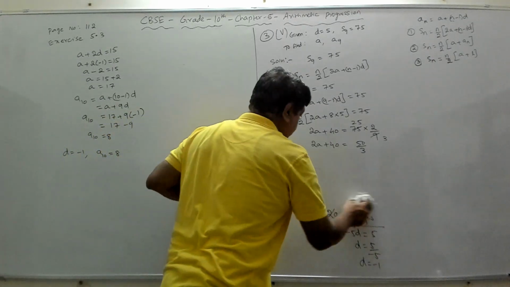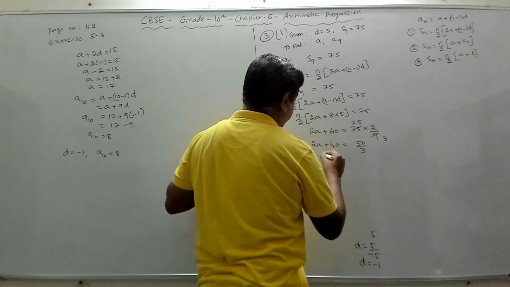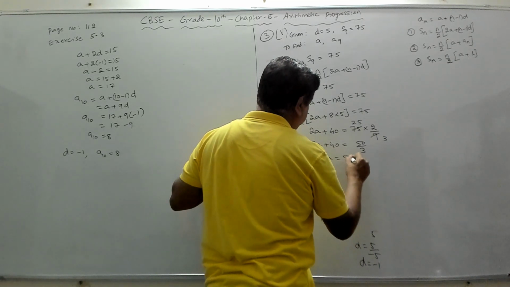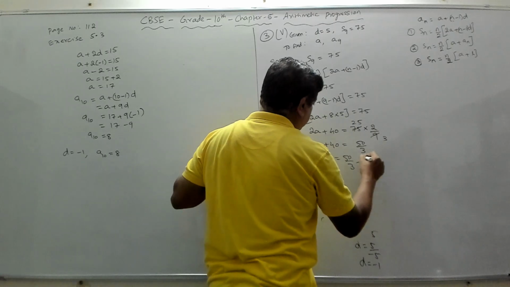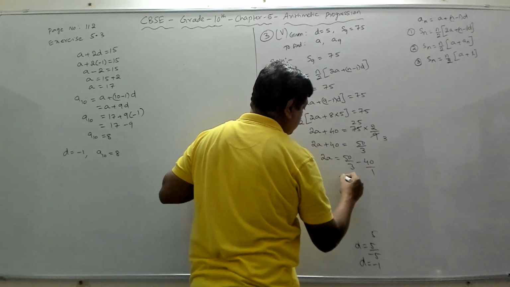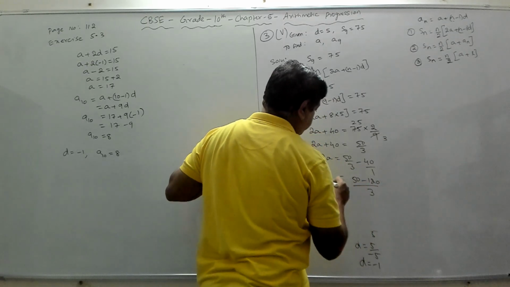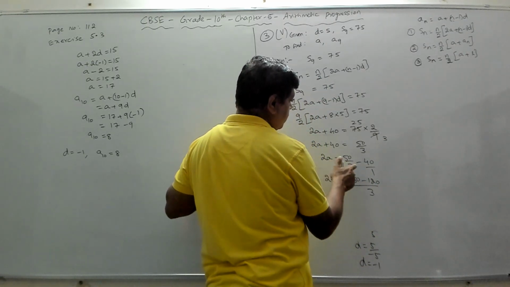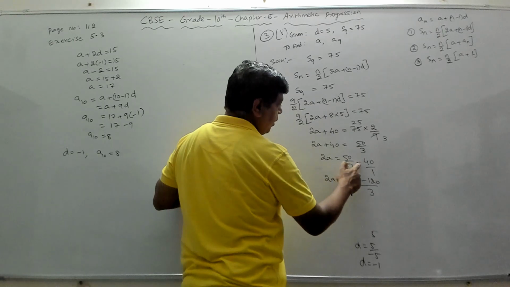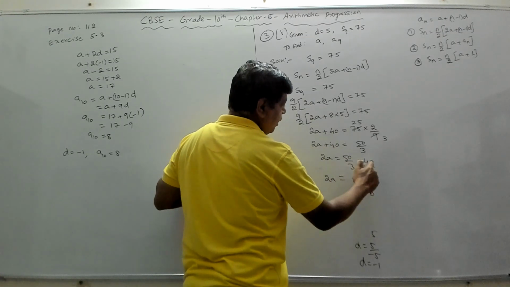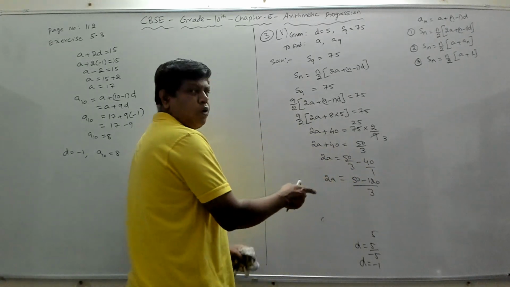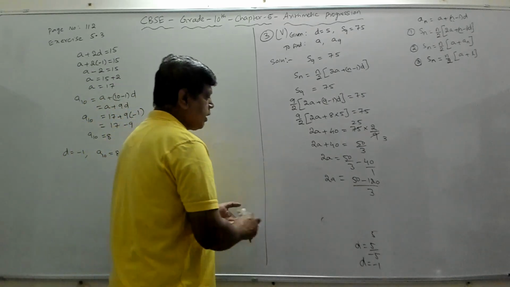Now what is our a? So 2a becomes 50 by 3 minus 40. This goes to the other side. So you get 50 minus 120 by 3. That is your 2a. 50 into 1 is 50, minus 3 into 40 is 120, by 3 into 1 is 3. Or you can take LCM as 3 and do the regular fraction subtraction.